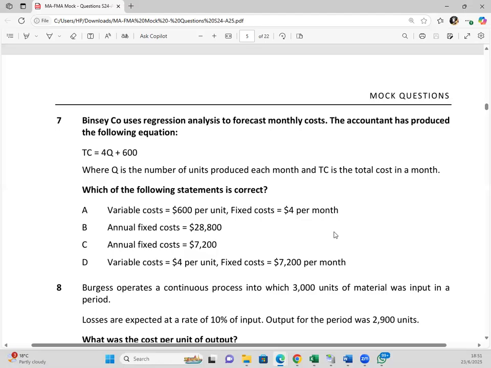Yes, in BX, the B is the variable cost and the X is the number of units. So this is the same equation. They've just removed the Y and the X that you are used to, and they have used the Q. But the equation is the same. What you multiply with the units is the variable cost.